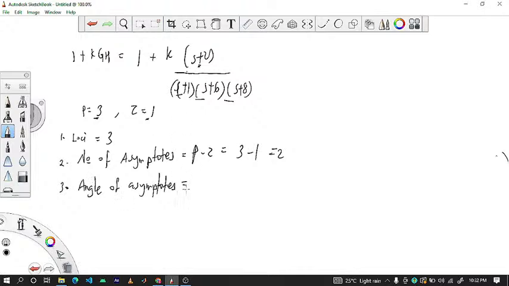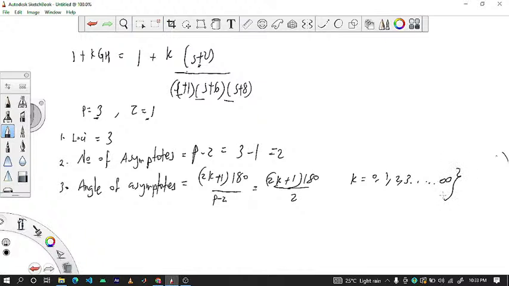The angle of asymptotes is given by (2k plus 1) times 180 over the number of asymptotes, in this case p minus z. So I'm getting (2k plus 1) times 180 over 2. Now, what is this k? This k is a set of whole numbers: 0, 1, 2, 3 till infinity. That's what k is.